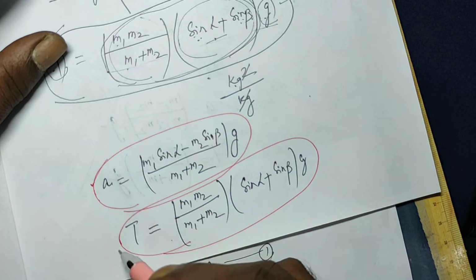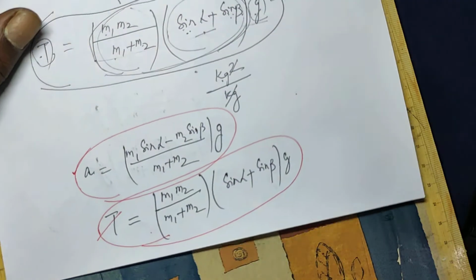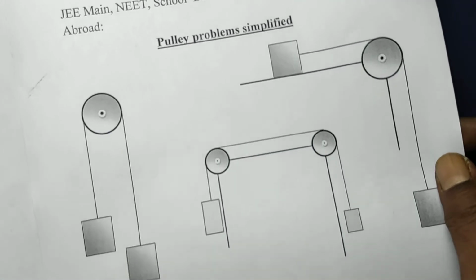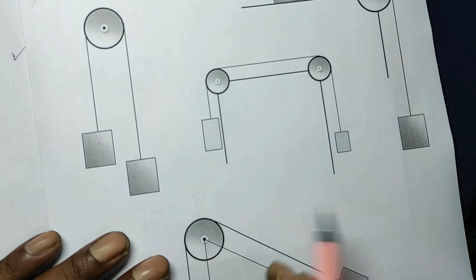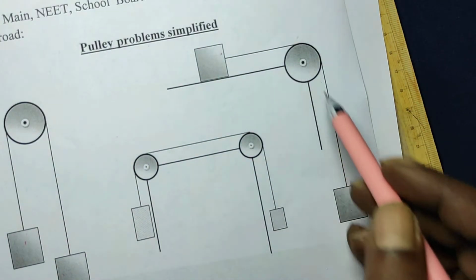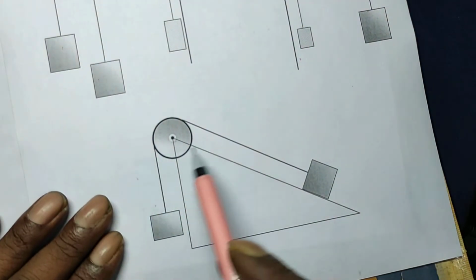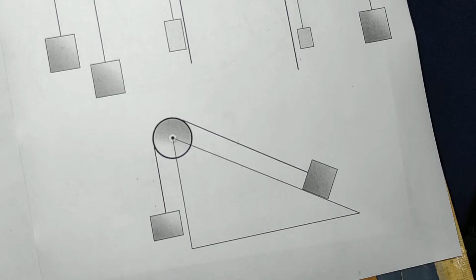Now using these two expressions as general expressions, we can very easily find what will be the acceleration for a system like this, for a system like this, for a system like this, or for a system like this.